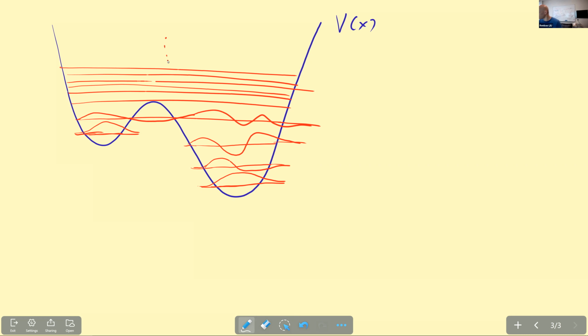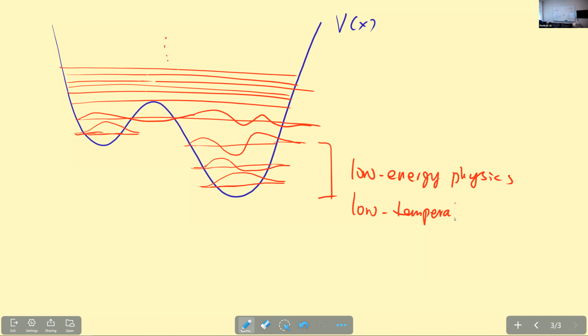But suppose you are interested in this kind of low energy physics. That means the temperature is very low, okay. And then the system will stay at almost the ground state. There's a little bit of excitation in the higher states, but more or less it occupies this one.